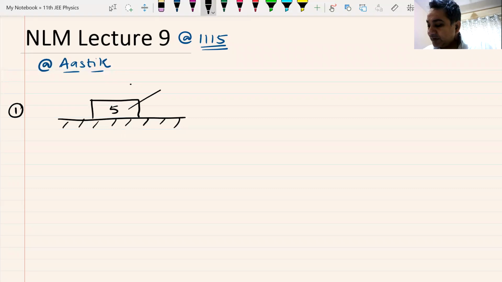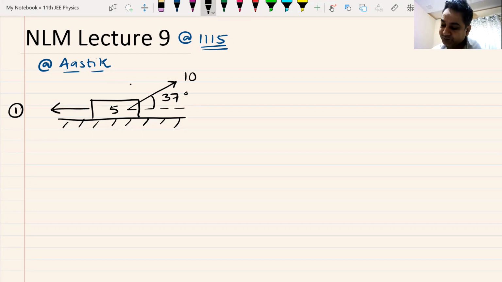I've applied a force of 10 Newton on this block at an angle of 37 degrees. And on this side, I've applied a force of 4 Newtons. So this is the question. Obviously, this track is frictionless. Friction will come later on.